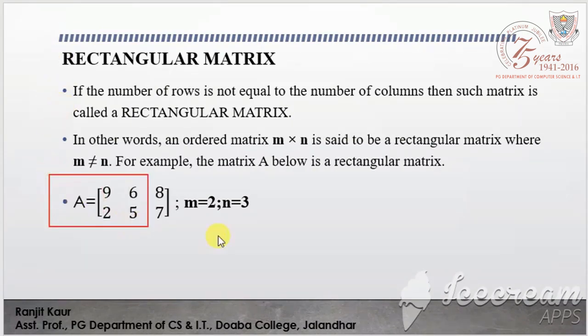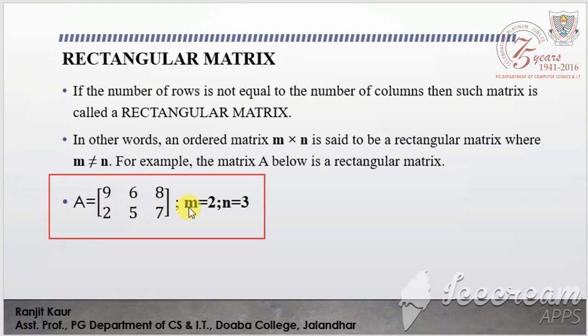Here you can see we have a matrix A and it has 6 elements in it, 9, 6, 8, 2, 5 and 7. These are the elements of matrix A. How many rows are there? 1, 2. So the value of m is equal to 2.